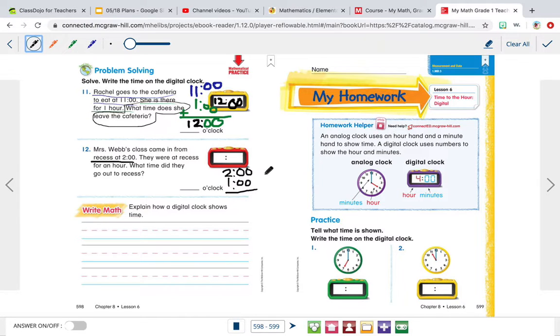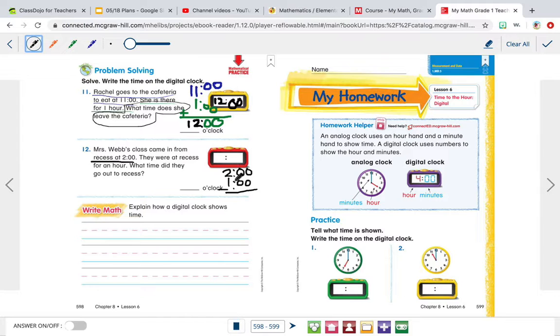So we know that they came in at 2 and they had an hour-long recess. So what time did they leave? Am I going to add or subtract? Well, in order to find out what time they left in the beginning, we need to go back in time. And going back in time means we need to subtract.